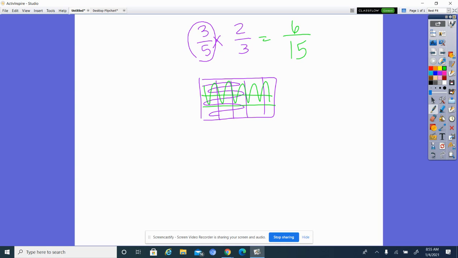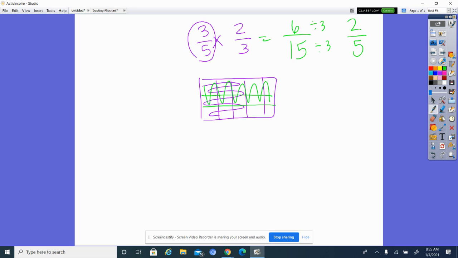Tell me what's wrong with that answer. Non-simplest form, what do we need to do? Divide by 3? What are we going to divide by? Divide by 3. So 6 divided by 3 is 2. And 15 divided by 3 is 5.